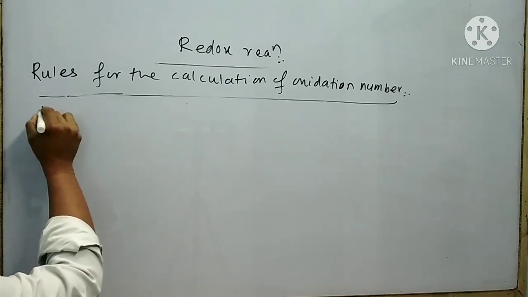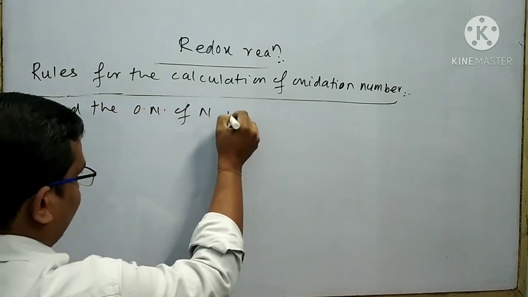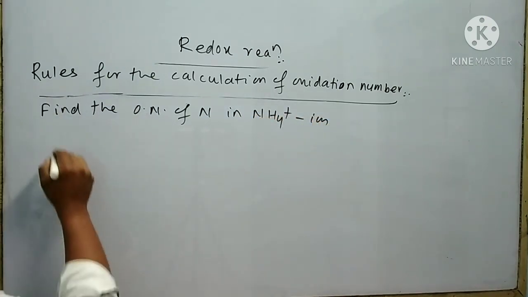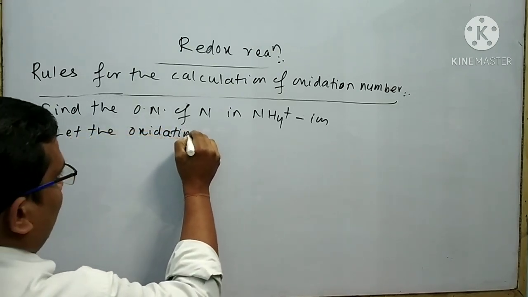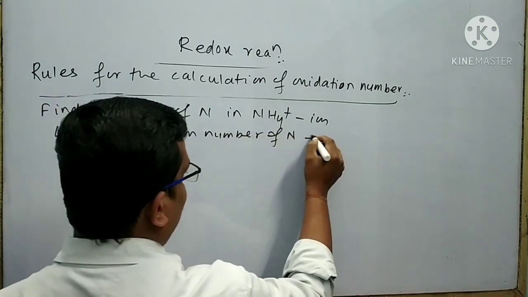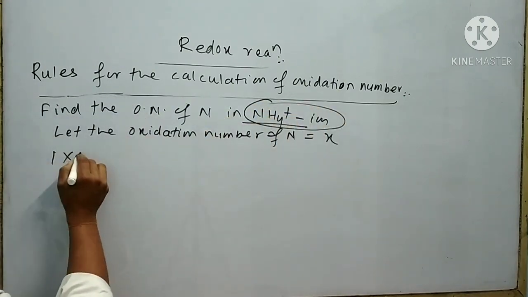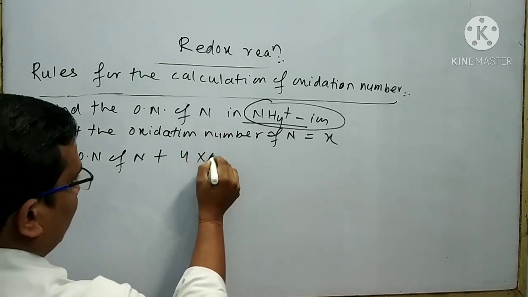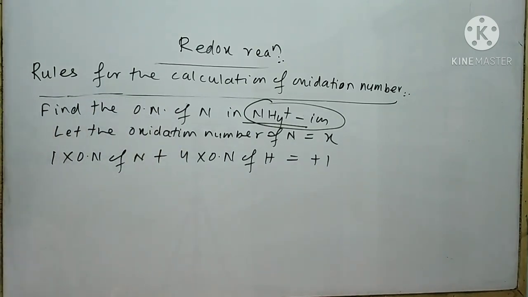Now I want to do another question. Find the oxidation number of nitrogen in NH4 plus ion. Let the oxidation number of nitrogen equal X. For this ion I can write 1 into oxidation number of nitrogen plus 4 into oxidation number of hydrogen equal to plus 1.